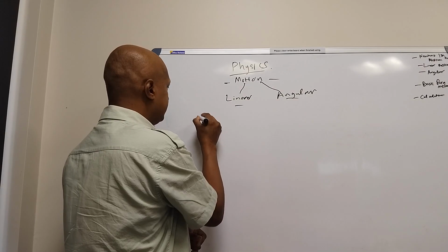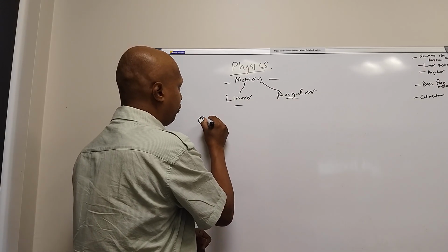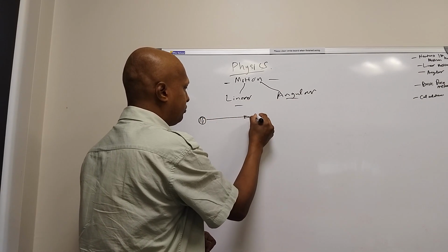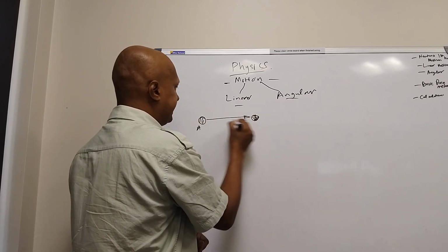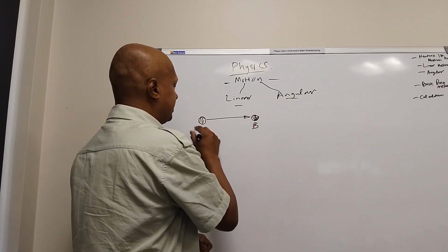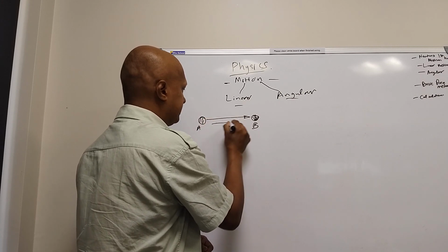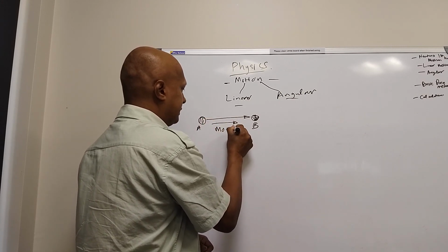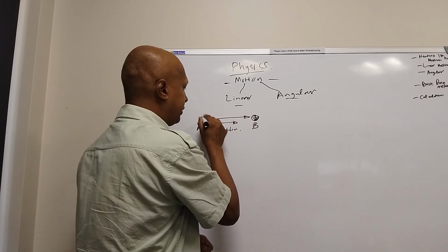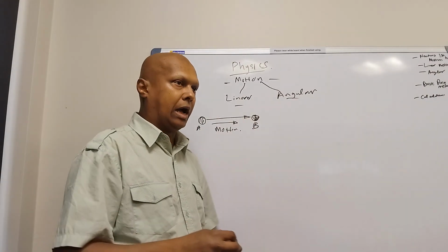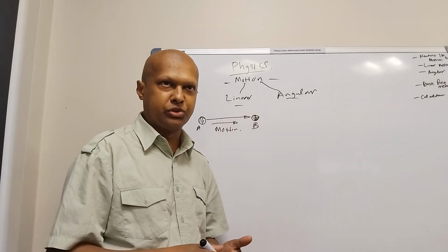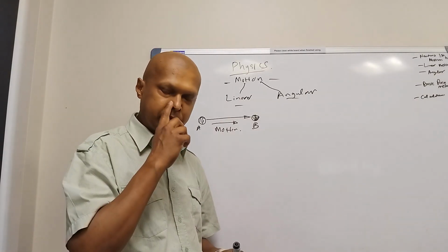So we have an object moving in a straight line from one point to another. That's A and that's B. The motion going from there to there is called linear motion. Linear motion usually can have a direction.